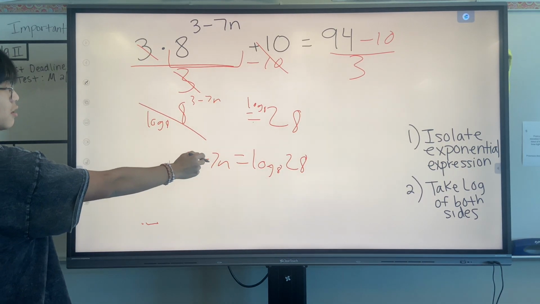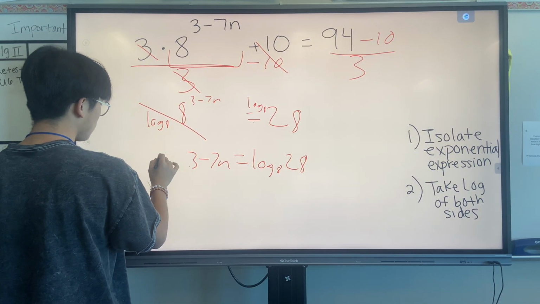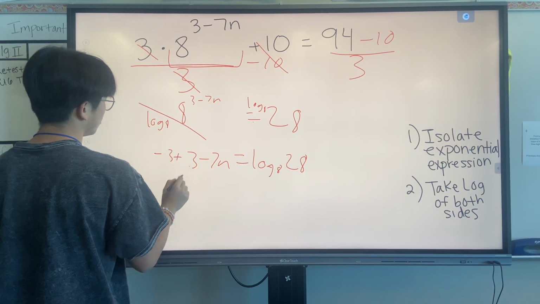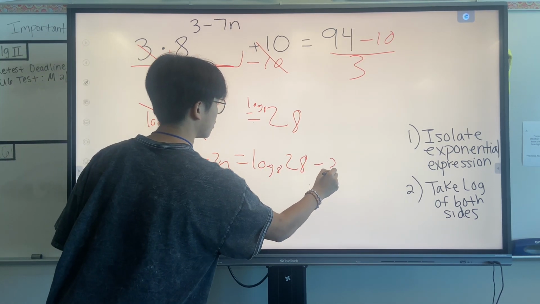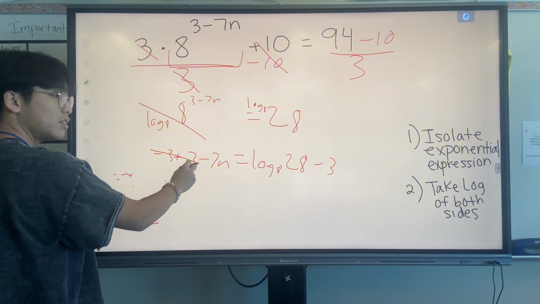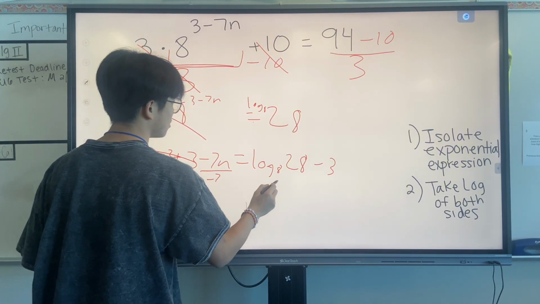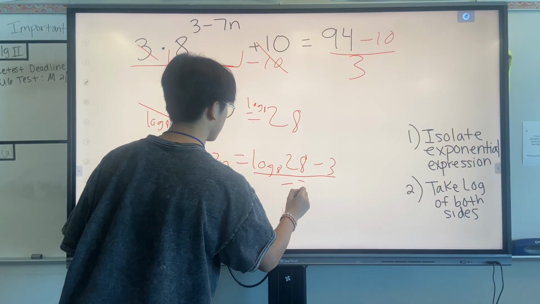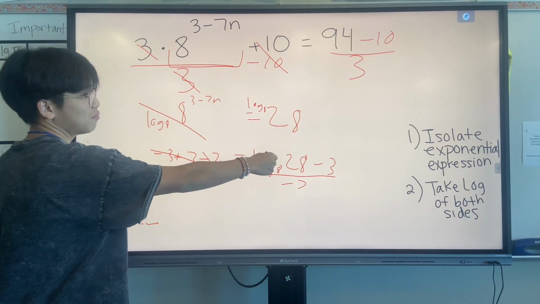And we still need to get n by itself. So you would subtract 3 on both sides. And then you still have negative 7n, so you would divide down on both sides. And then this cancels out. And I'm left with n equals this mumbo jumbo.